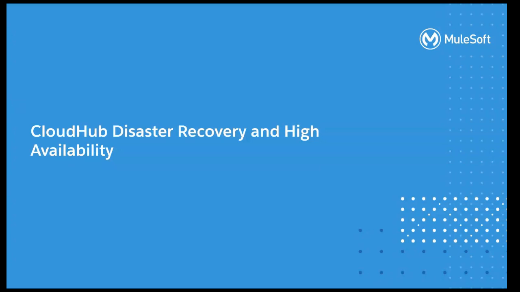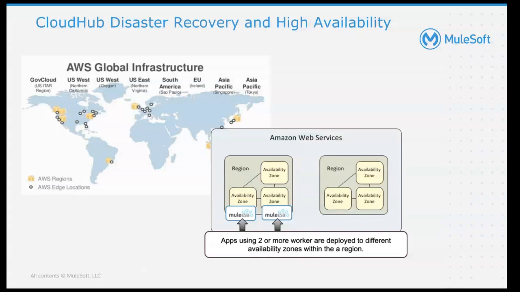Now, every implementation or every company has its own guidelines on how to make sure that the applications are highly available and disaster recovery is in place when they are doing their deployments. The way CloudHub helps you achieve high availability is if you are deploying a cloud application in more than one worker, then it will deploy in different availability zones for that region and make sure that your Mule applications are highly available.